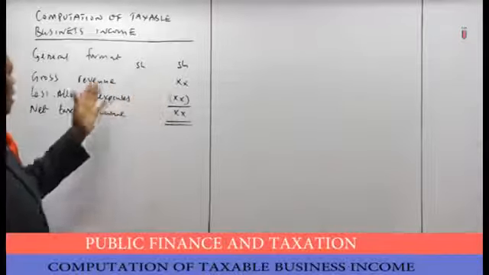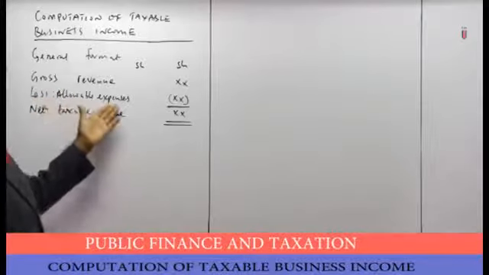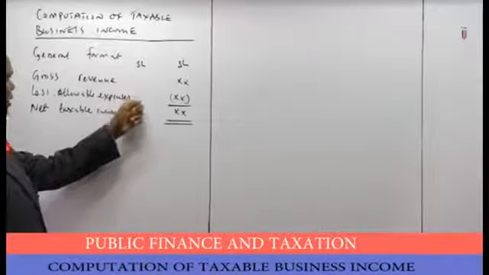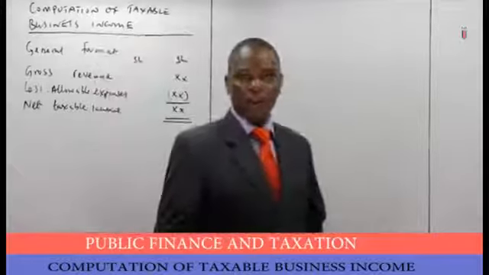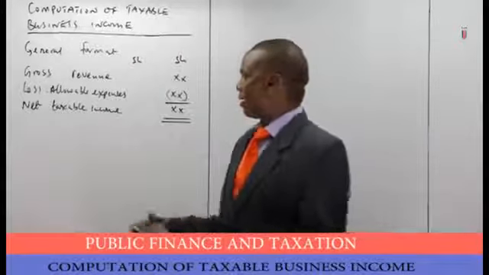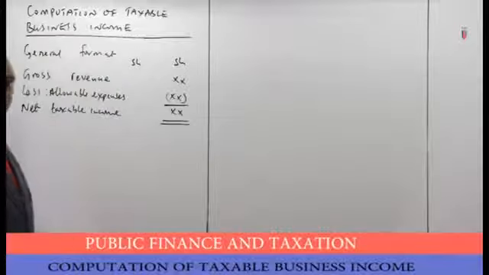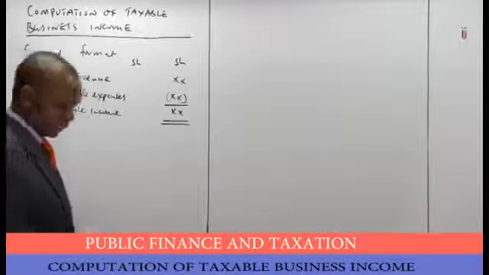And then from this gross revenue, we shall deduct allowable expenses, strictly the allowable expenses as I have explained before. Then, once we remove the allowable expenses, we shall have the net taxable income, the net income for tax purposes.